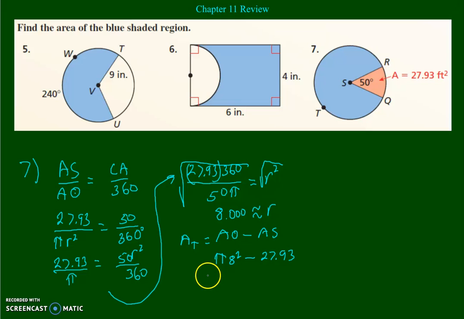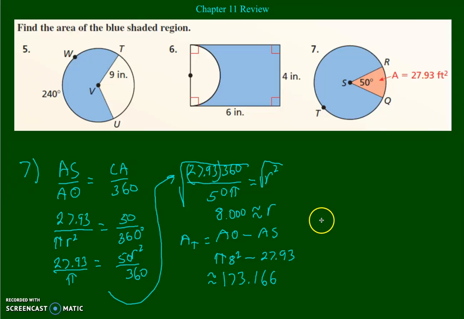When we put that in our calculator, our target area becomes 173.166. Now, you should know that I didn't just use the rounded value of the radius. I actually used the stored value with all the decimal places. And so if you get a slightly different result, it'll be because you used 8 and not the actual stored value. But that is how you solve this kind of a problem.